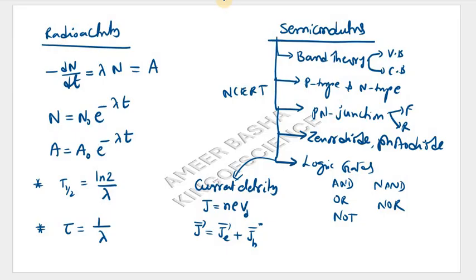Accordingly you write the concentrations and you can calculate mobility. Whatever relations we have used in the current electricity chapter, the same relations we can utilize in the semiconductor chapter. Fine, so this much is enough for the modern physics chapter. These synopses are very essential. If you remember these formulas, you can solve the problems in the further videos and understand easily.